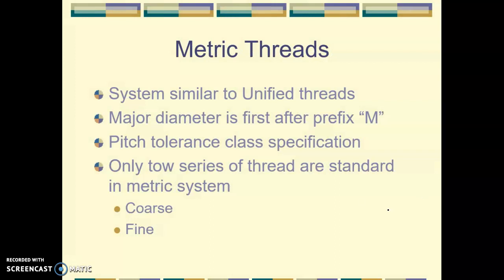Now, the biggest difference, I would say, between metric drawings and drawings dimensioned with English units is the threads. That's where you're going to see the most difference. There's a whole separate series of thread specification for metric threads.